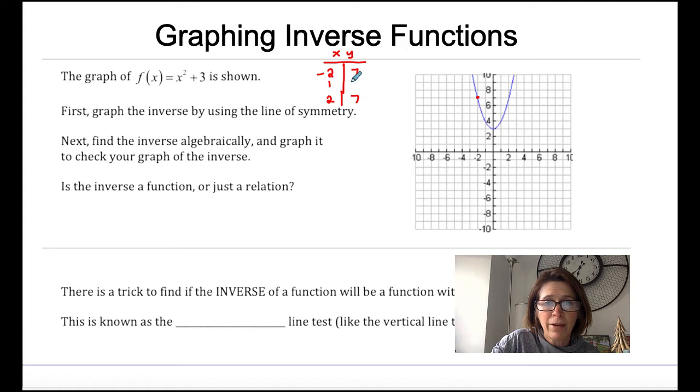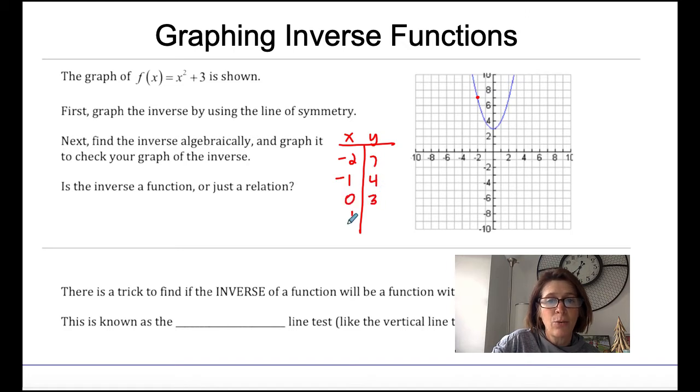I've got negative 1, 4, and 1, 4. I didn't give myself enough room, so let me redraw that over here. So negative 2, 7, negative 1, 4, 0, 3, 1, 4, 2, 7. Okay, so that's the function.